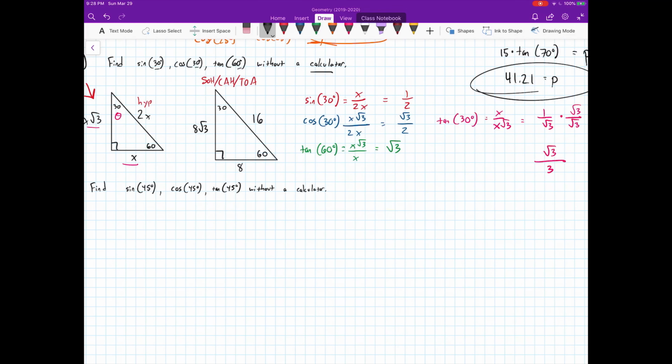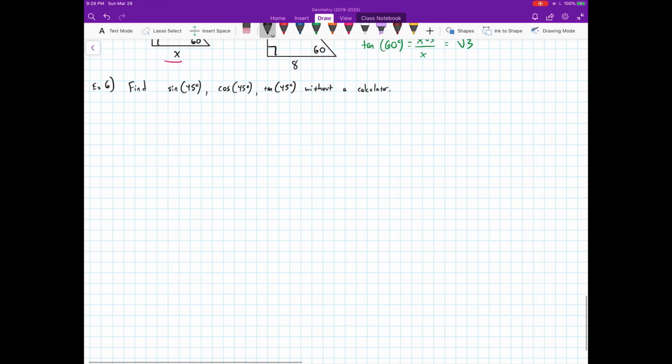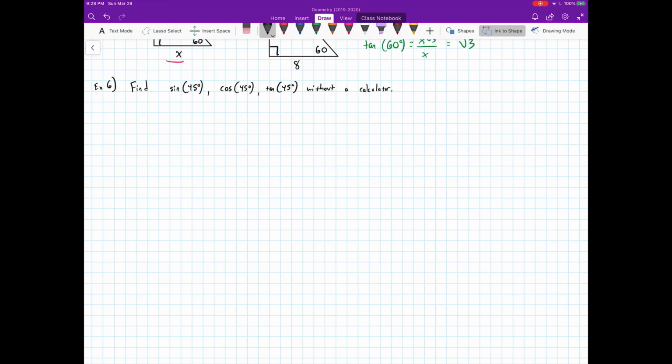And let's just take a look at the 45, 45, 90 triangle for this last example to finish this video. So the 45, 45, 90 triangle is isosceles.